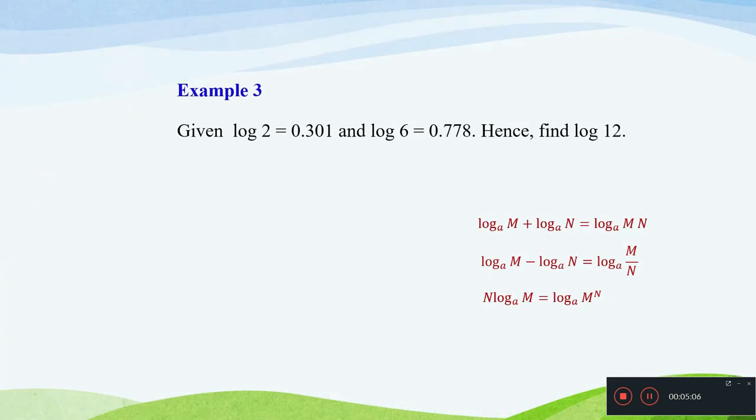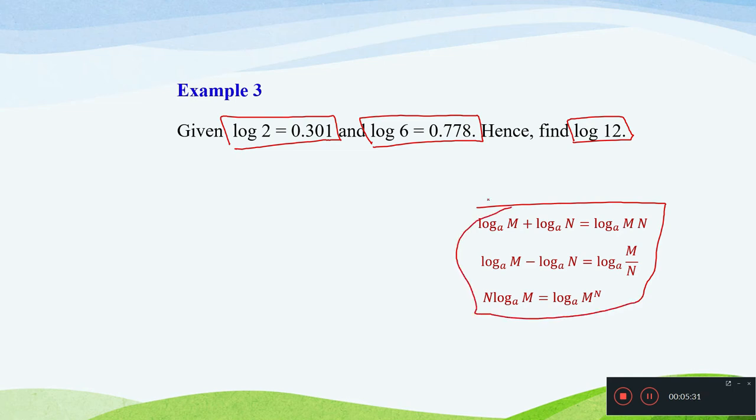so straight to the next example. Example 3. Given these two pieces of information, how to find log 12? Log 2 means this is log base 10. Okay, so to solve this, we have to use these rules.